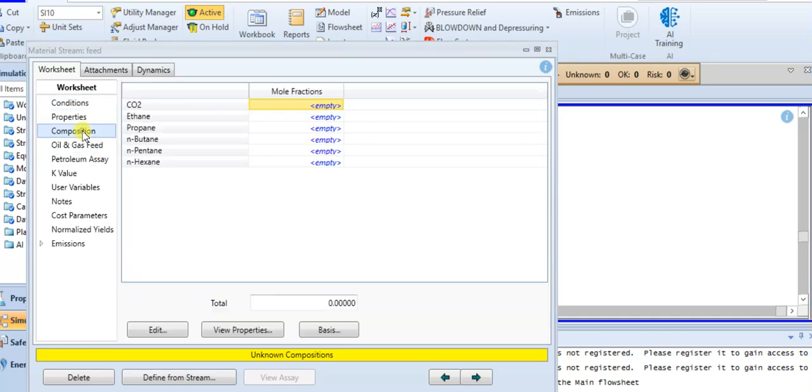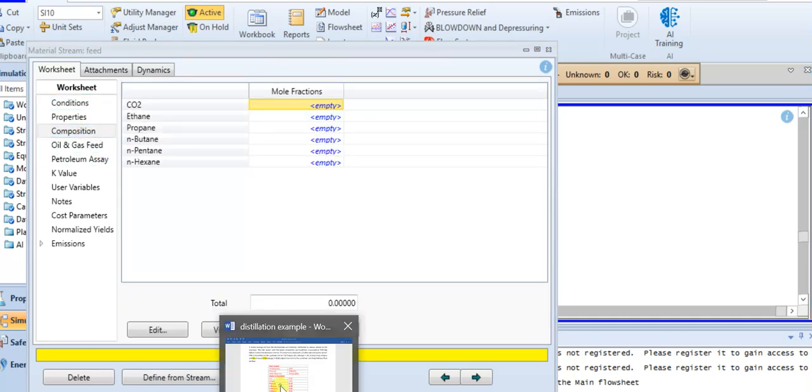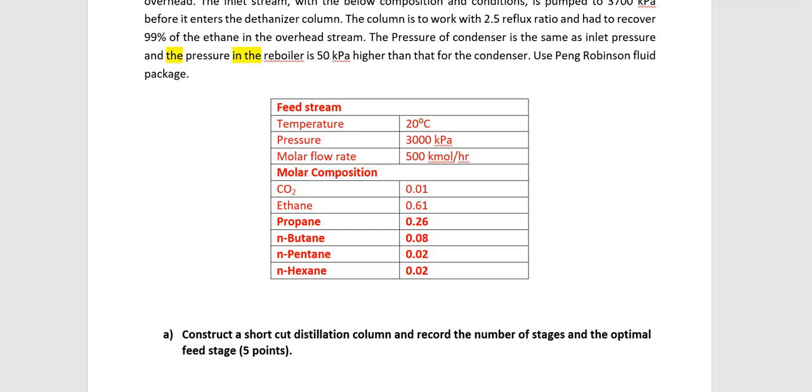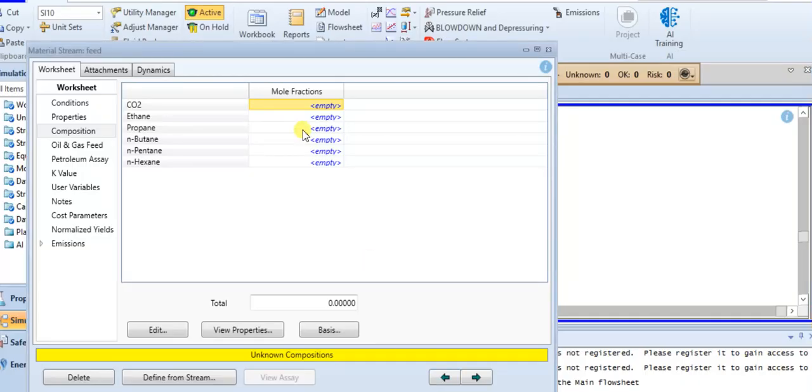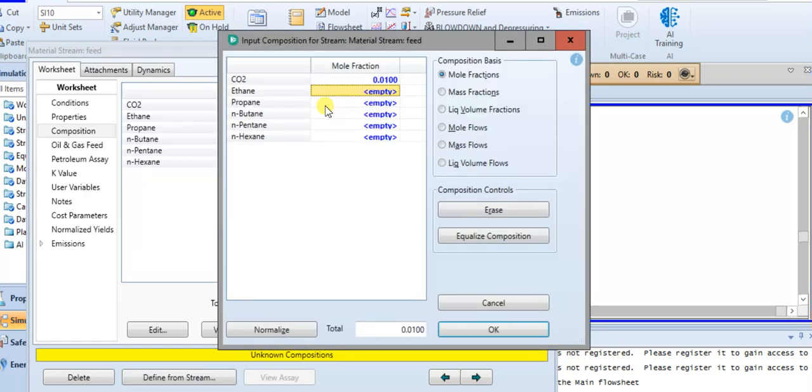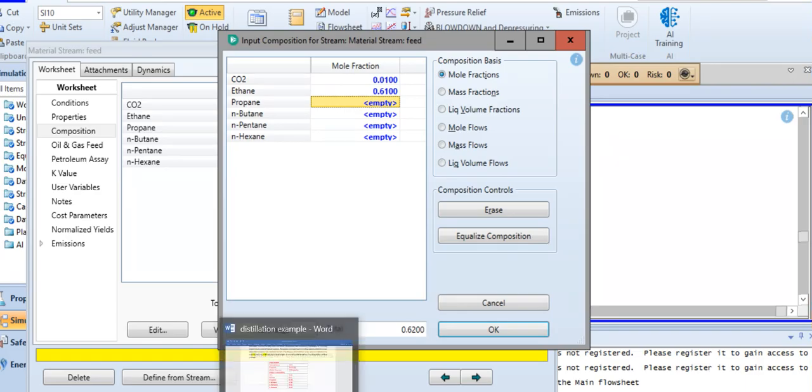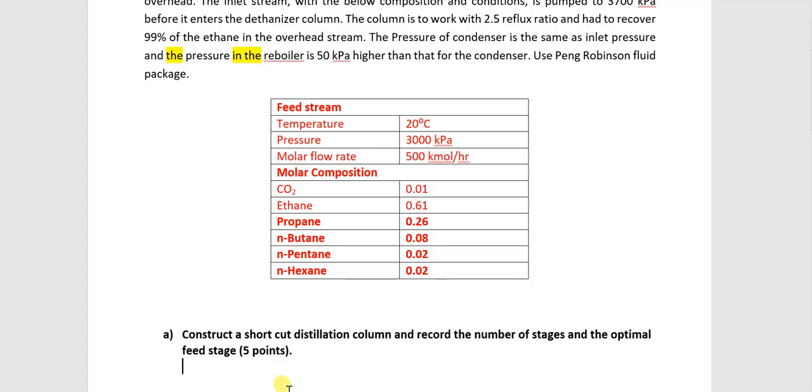Composition: CO2 0.01, ethane is 0.61, so this is mainly ethane, we need to remove it.